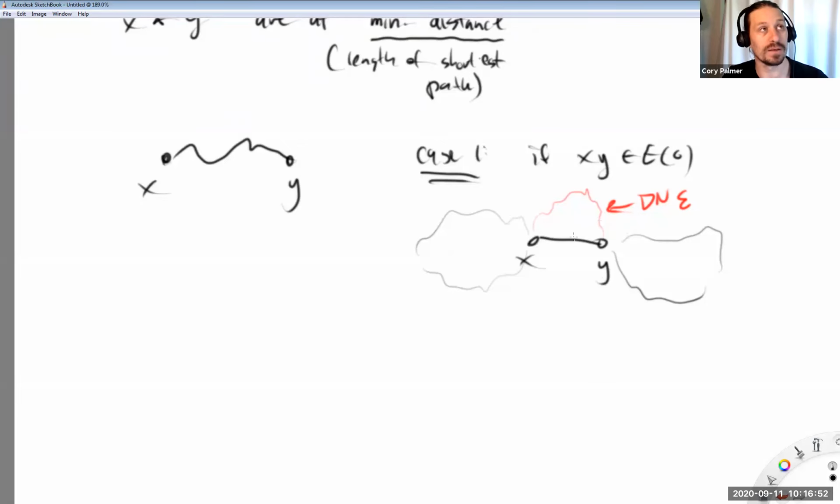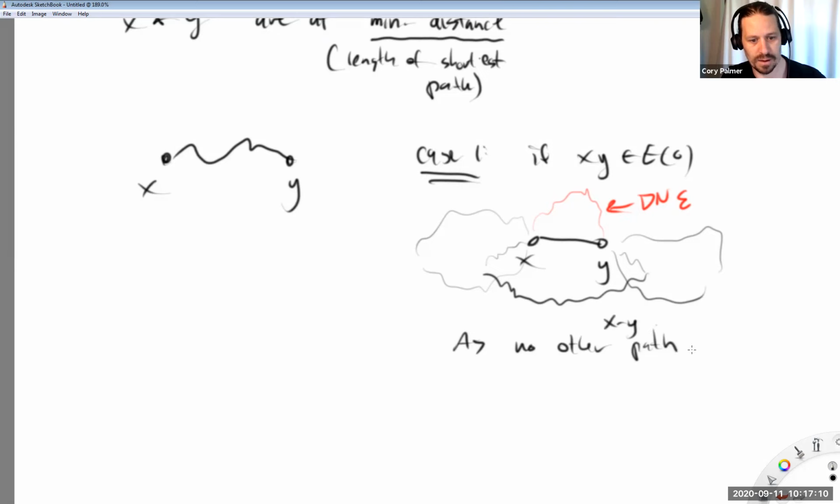If there were a path like this, there'd be some way of traveling from here to here, and that would be a second path. So as there's no other XY path, XY is a bridge. Okay, that's a contradiction, right? We already ruled out bridges a moment ago.